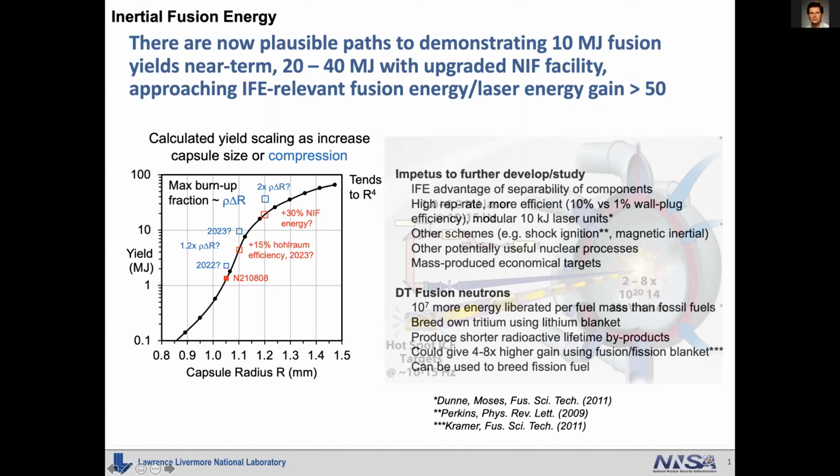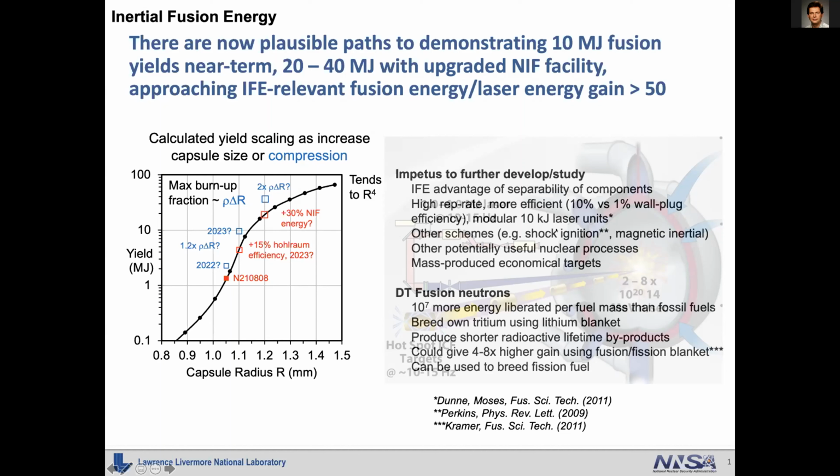Well, it has the advantage of separability of components. And that's really the main one, because what we need is a high rep rate, more efficient laser, as we talked about, 10% versus 1% wall plug efficiency. Modular 10 kilojoule laser units. And I give you some references of work that was done on that under the guise of the LIFE program we had.